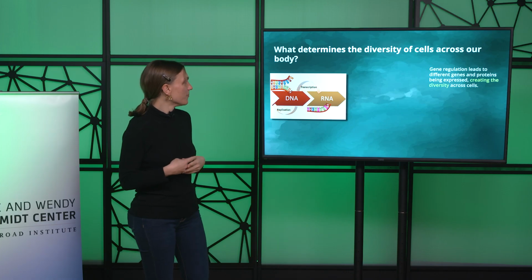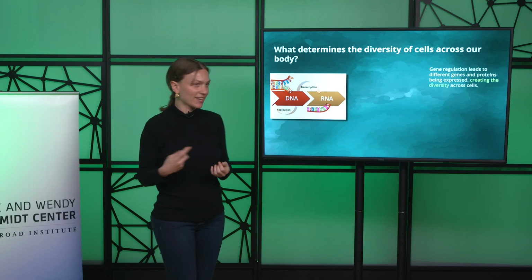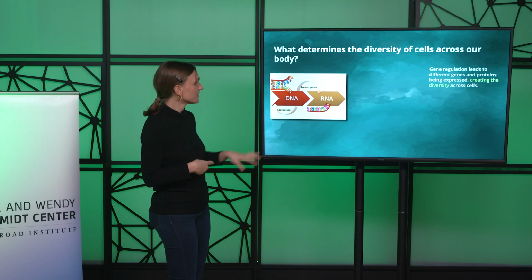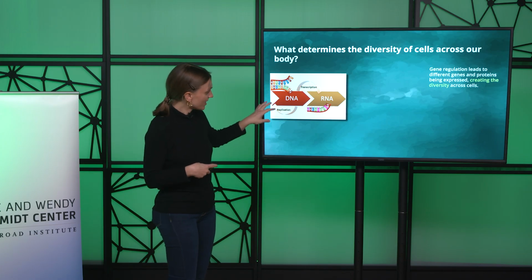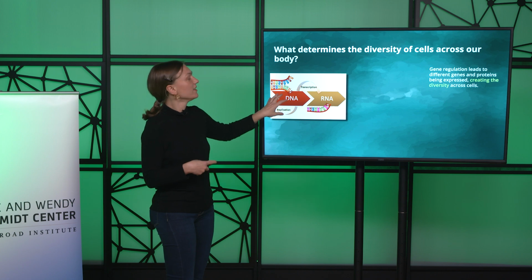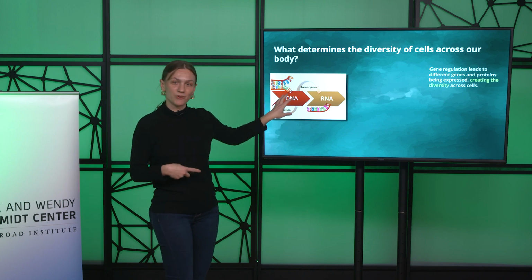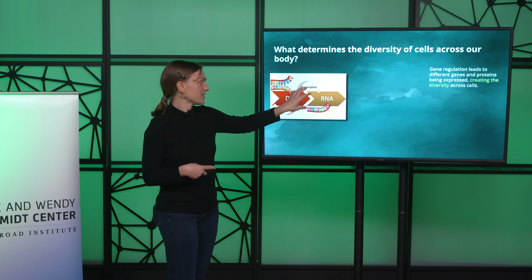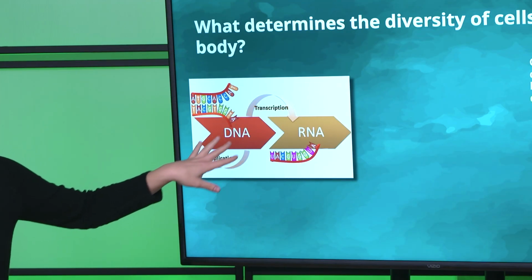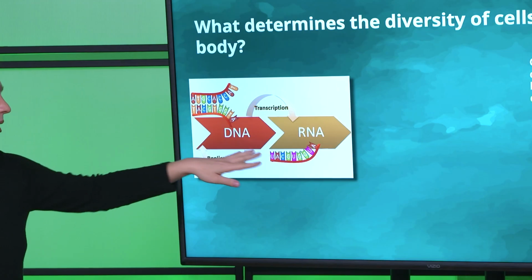The answer to this is gene regulation. What actually happens is that the genes which encode these traits, which are encoded in the DNA, undergo a process called transcription, which produces RNA. The RNA is like a copy that's made of the gene.